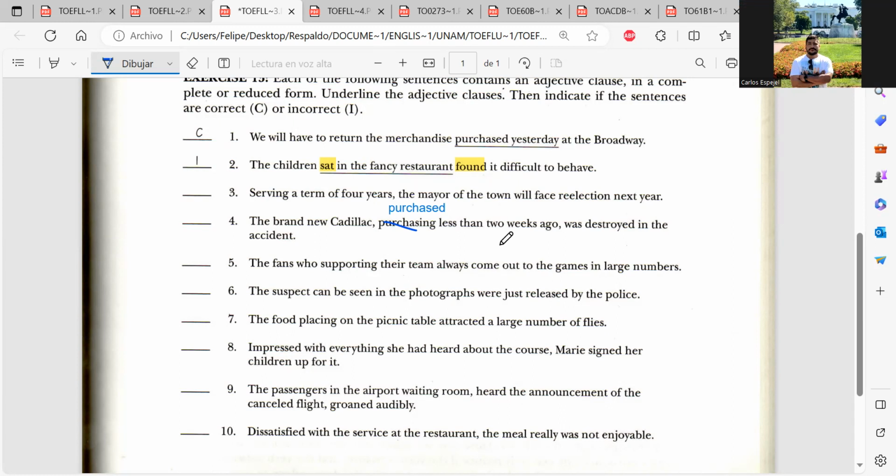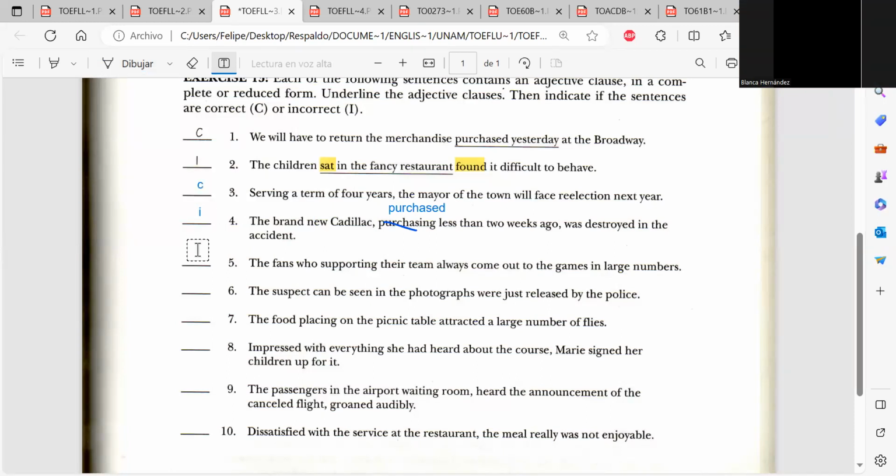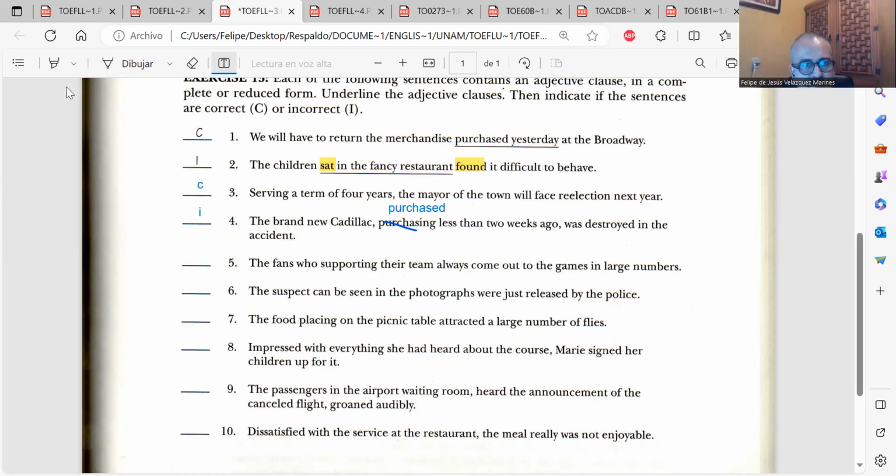Blanca, incorrect. Yes, it's incorrect. So Blanca, number 5. The fans who supporting their teams always come out to the game in large numbers.